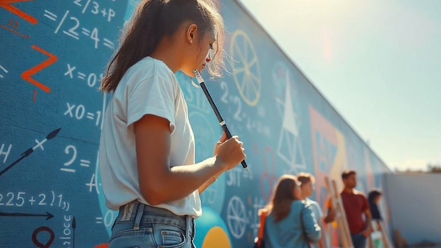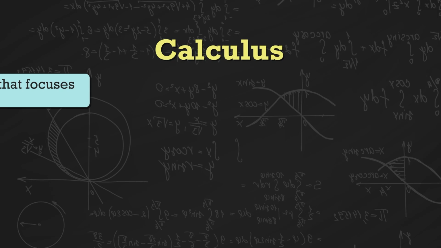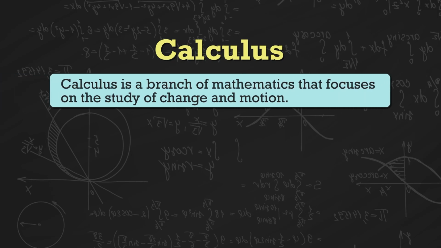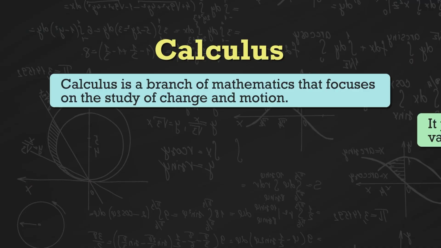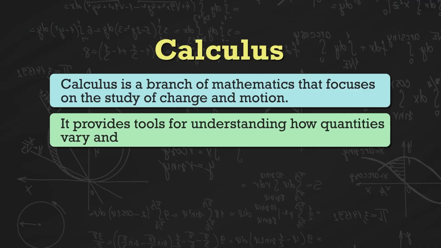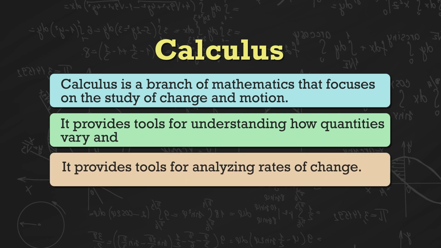So, again, to understand what calculus is: calculus is a branch of mathematics which focuses on the study of change. As I already said, algebra relates to variables and constants. Calculus actually provides the tools for understanding how quantities vary and how to analyze the rate of change.